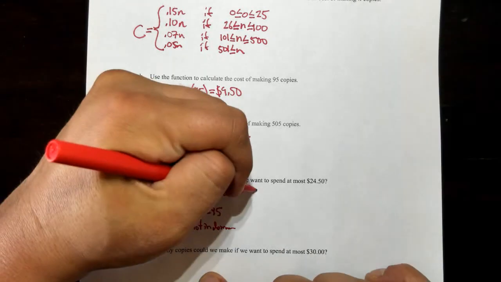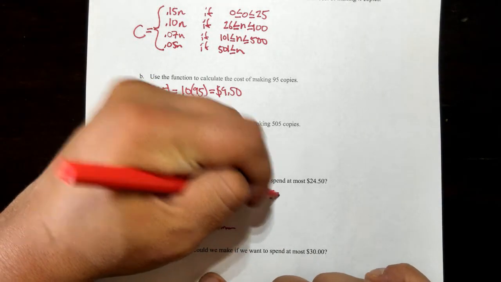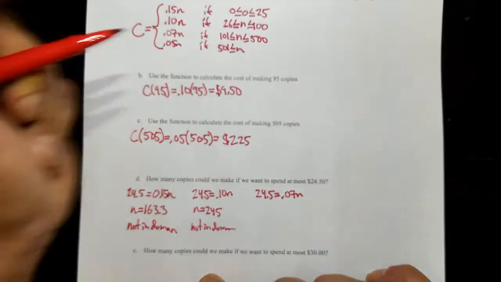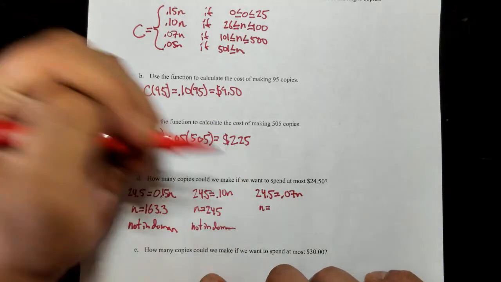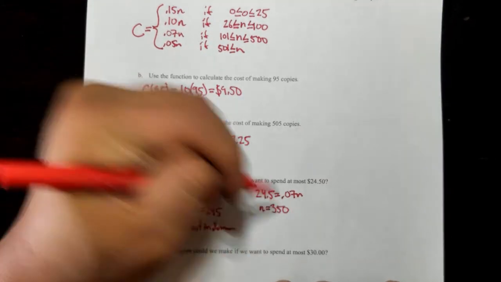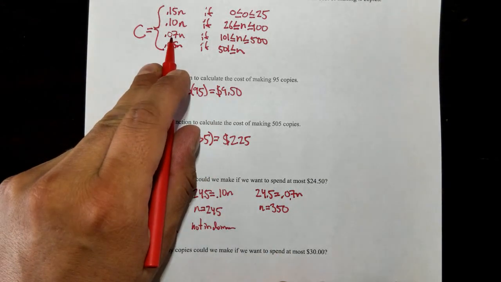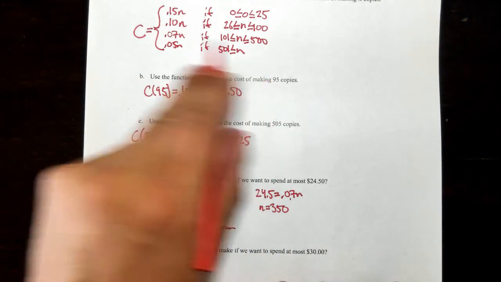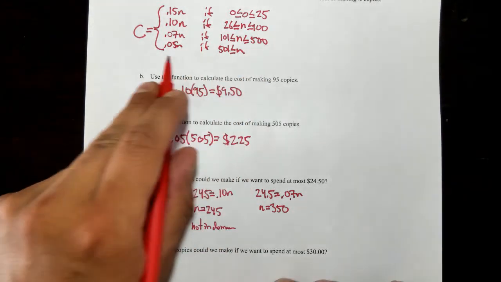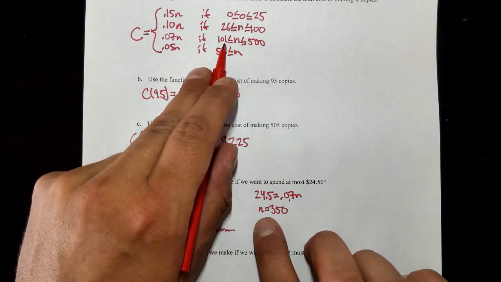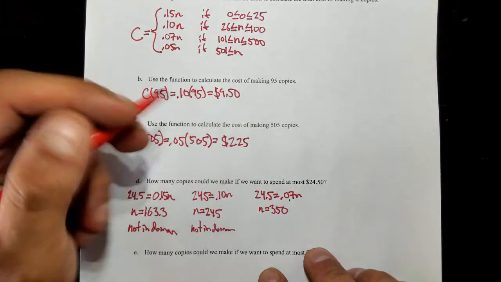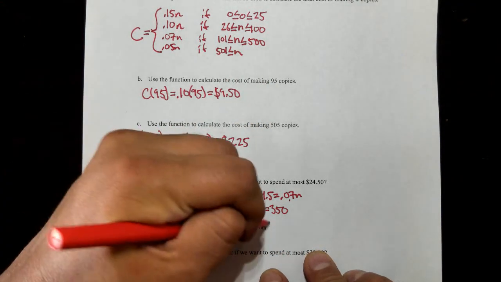For the next, 24.5 equals 0.07n, and solving for n gives 350. Again, 350 is not in the domain of... oh no, it is. For 7 cents, n falls between 101 and 500, so this is in the domain.